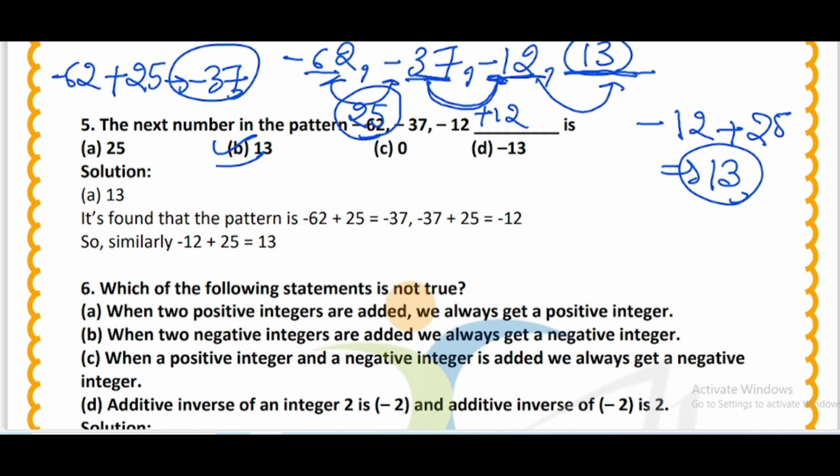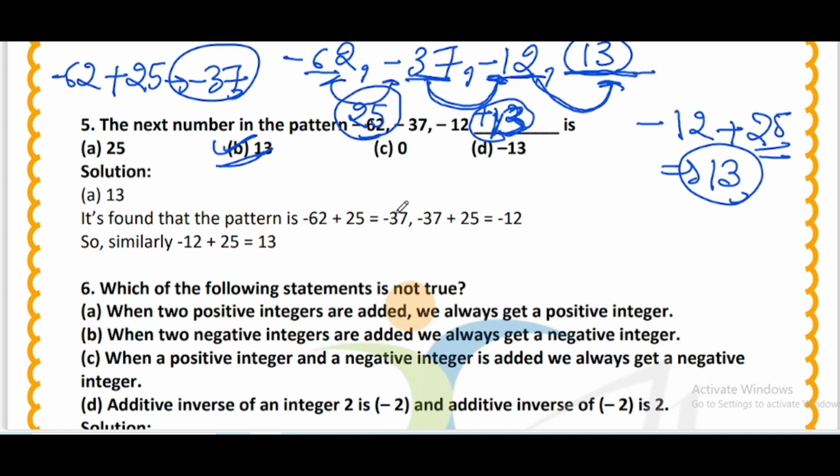Then the gap between -12 and the next number is also 25. Then the right answer is +12. Sorry, +13. Then the right answer is part B.